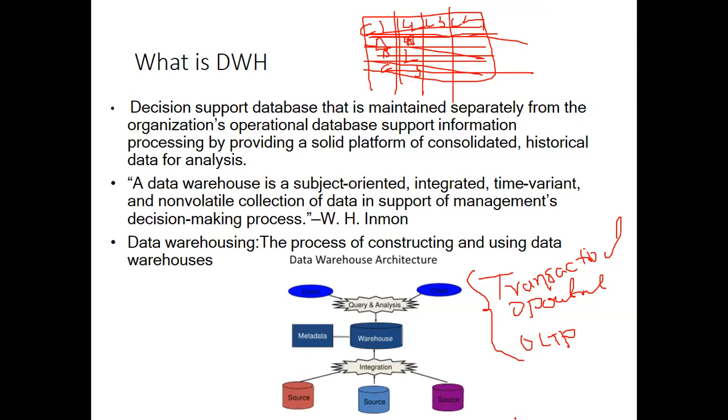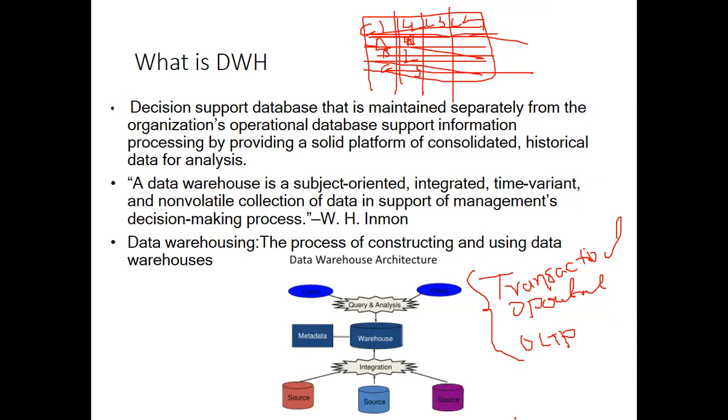So why is it called a transactional database? Why is it called an operational database? Suppose you go to a bank and open an account, then there is a transaction. You deposit some amount in your bank, that is a transaction. You swipe a credit card in a shop, that is a transaction.